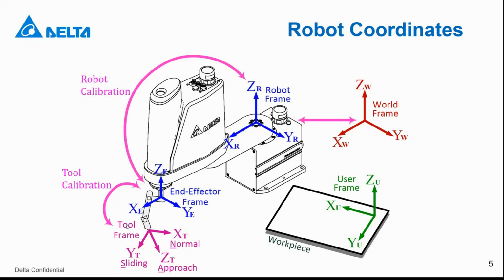So we will create a tool frame for the tool. And sometimes in some projects we want to define our own coordinates. We don't use the robot frame, then we will create a user frame here. Then we need to do this workpiece calibration to create this user frame.